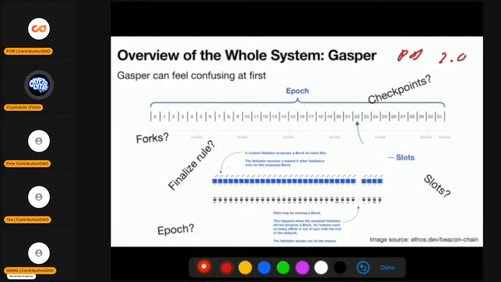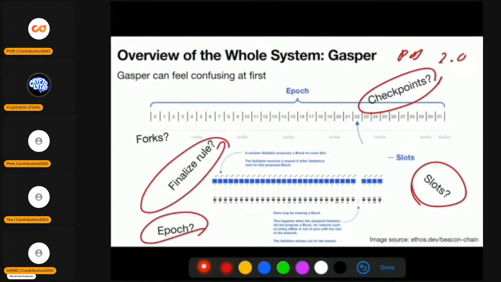But when you shift from proof of work to proof of stake, you have a whole new set of concepts. You not only have a fork choice rule and blocks, you also have checkpoints, slots, epochs, and finalization rules.